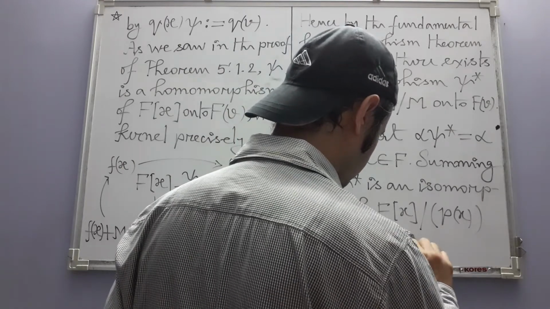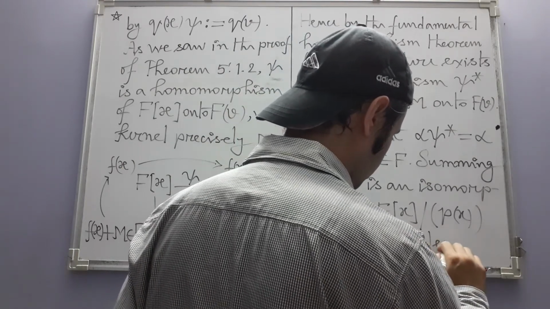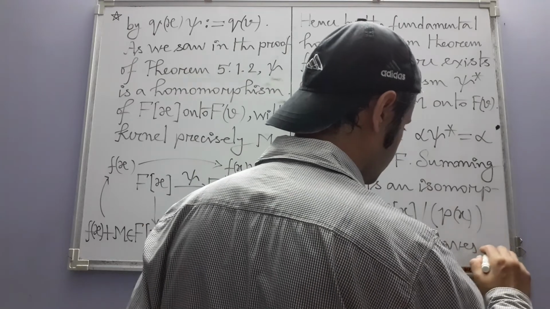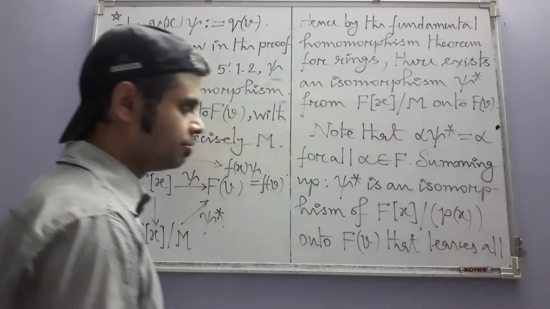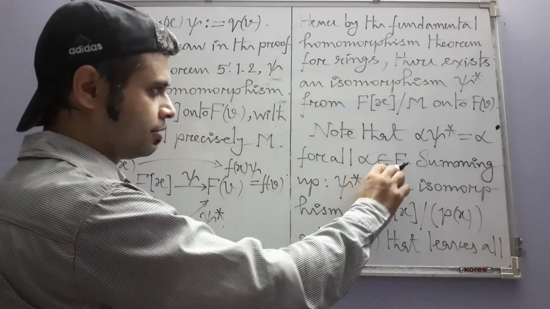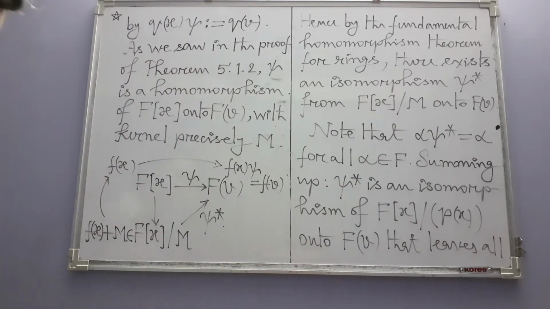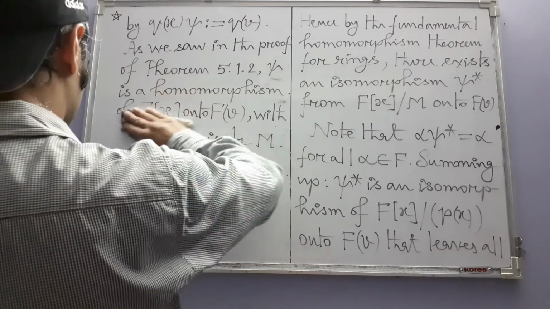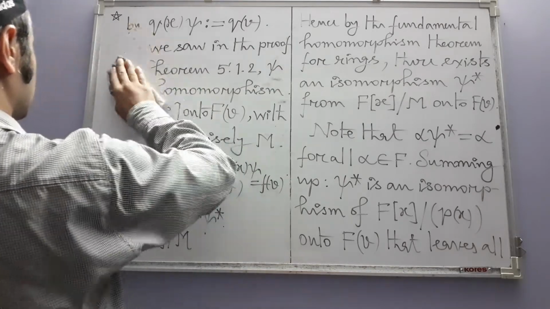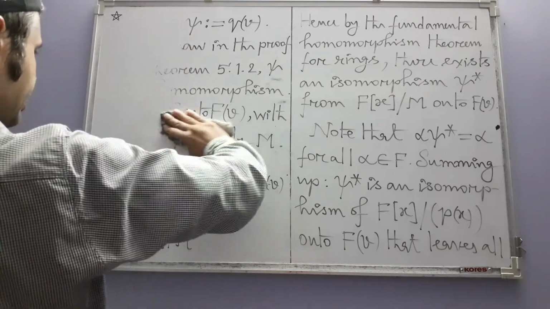that leaves all the elements of F fixed, which simply means this. And that is why I need the diagram.